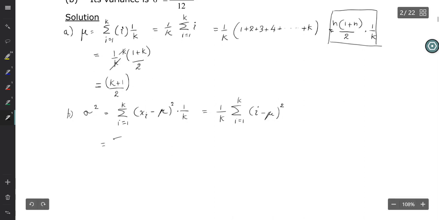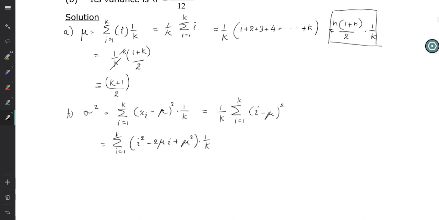Which is i goes from 1 to k, (i square minus 2 mu i plus mu square) times 1 over k. This is the expansion of the quadratic formula here. Now let's distribute the summation over these three expressions.